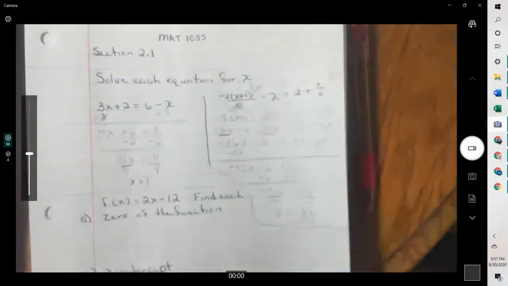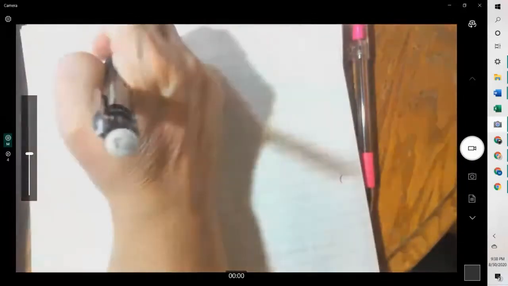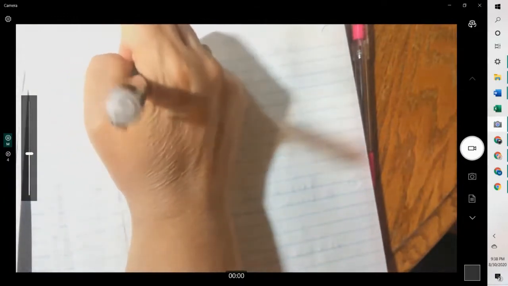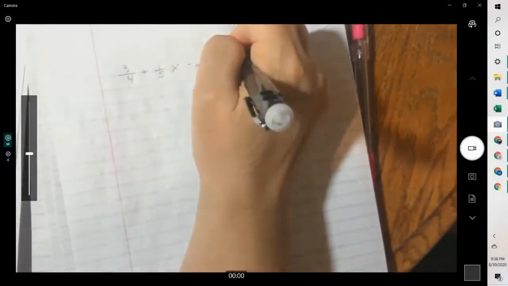Let's try solving one more just to make sure you understand them. I think I have another fraction one somewhere, but okay.